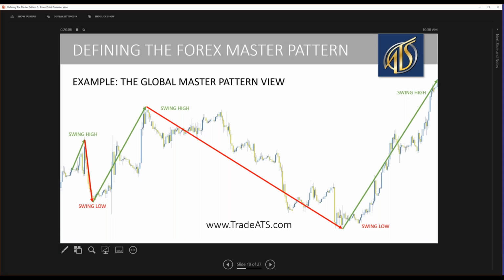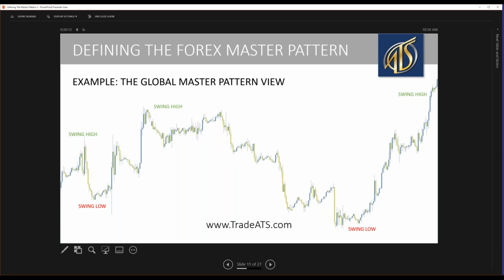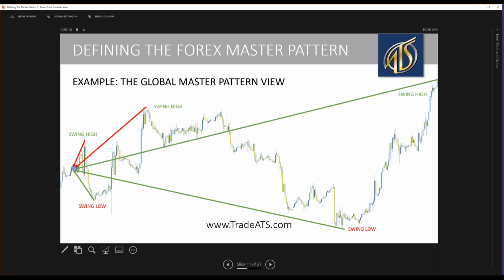But you see the framework and the structure coming out from this master pattern global view. So all of these swing highs and swing lows point back to one central point. You guys see that? They're defined by the high and low, and you see that whipsaw action.